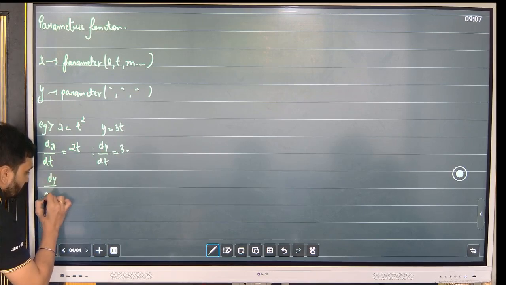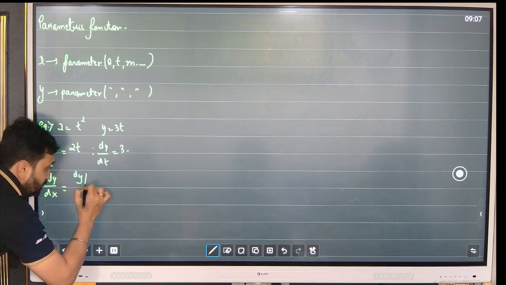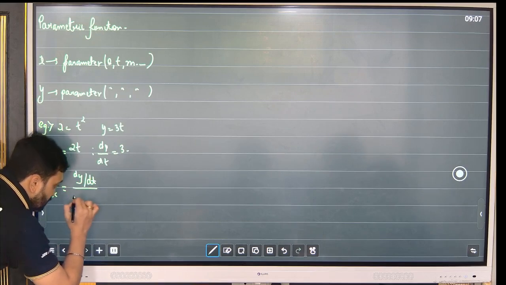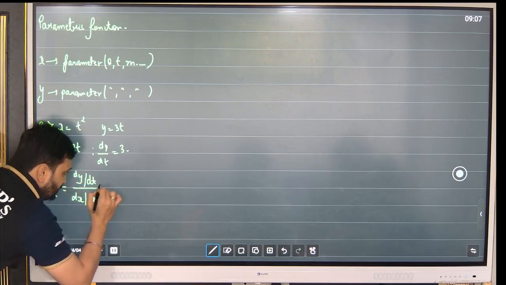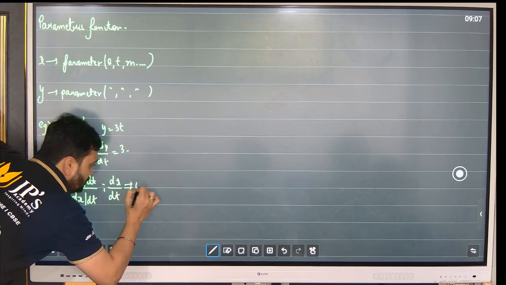Therefore, dy by dx is equal to, now the formula for parametric function is dy by dt upon dx by dt, where dx by dt is not equal to 0.